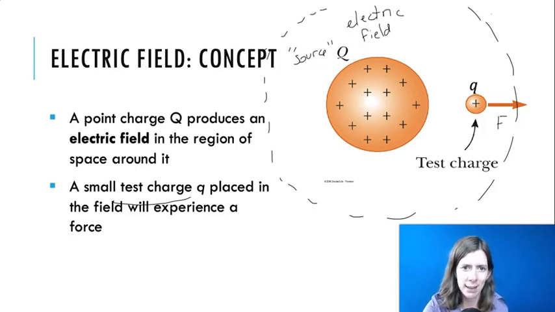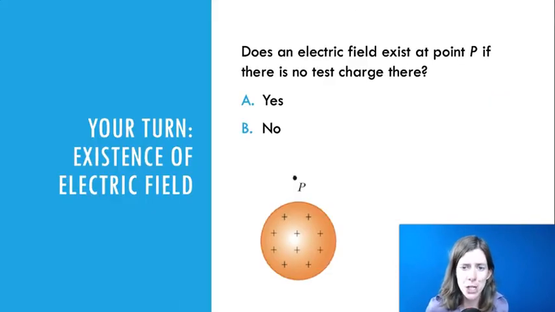Let's take a look at two questions to see how well we understand this concept. First question: does an electric field exist at a point P if there is no test charge there? It kind of sounds like the question, does a tree make a sound if it falls in the forest and nobody's there to hear it? Pause the video, think about your answer, and the answer is yes.